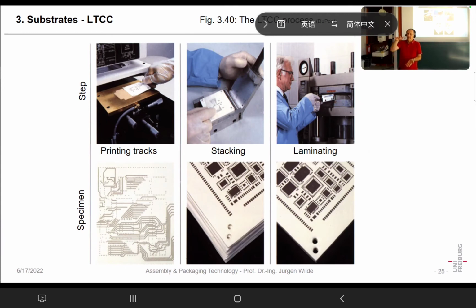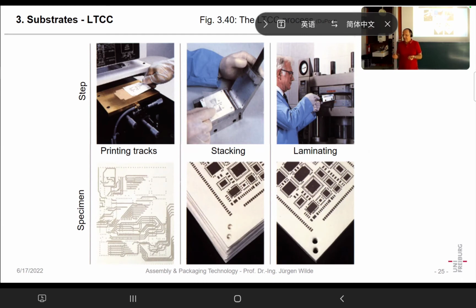Then all of the layers we want to have, so 1, 2, 3, 4 or more, are stacked on these pins here, and they are pressed together. Again, that here is just manual production, just for showing.